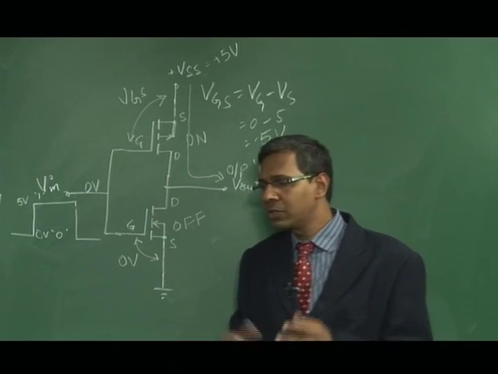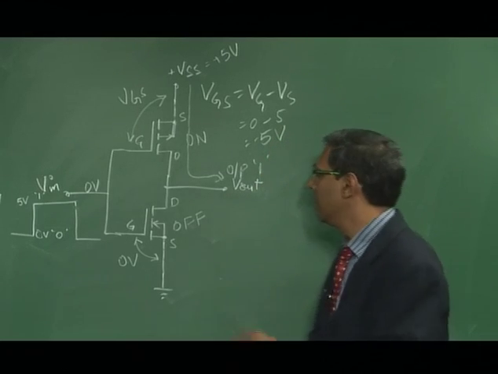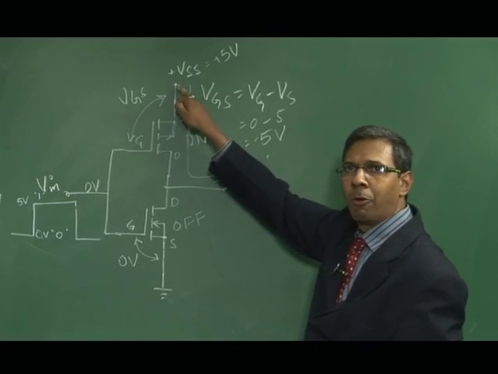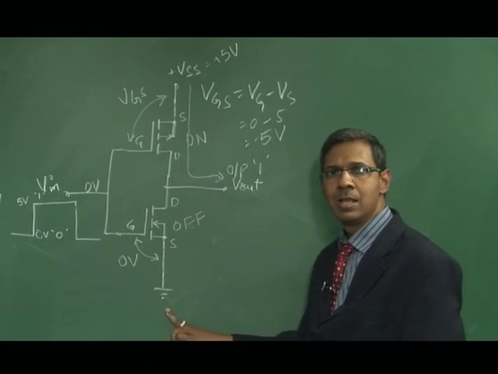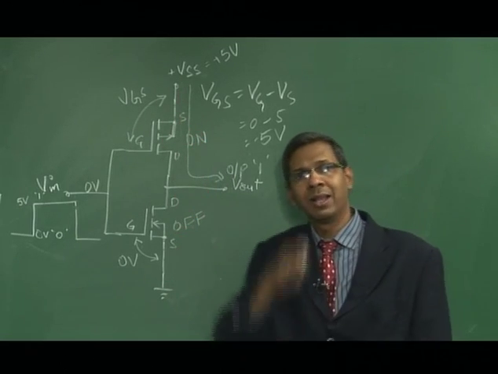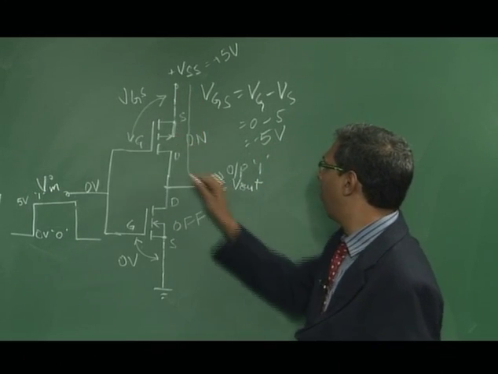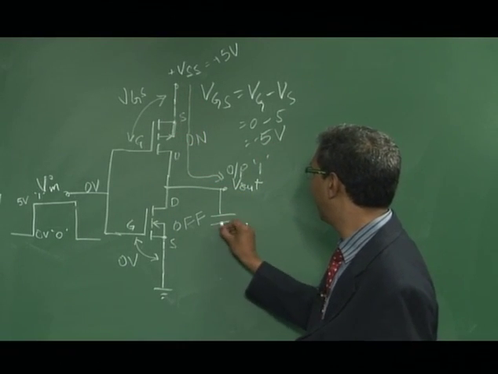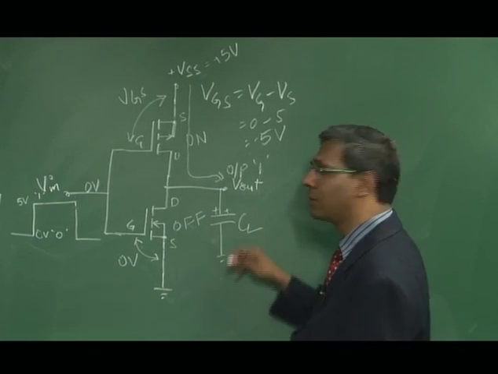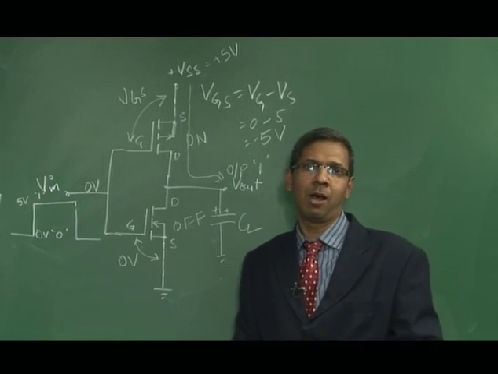But then you may ask, what is so special about this? The most special feature is that while this is happening, there is no connection between the positive of the source and the negative here. That means you do not have any current flowing from here to here, or no crowbar current. Once you have an output capacitance here, for example a load capacitance CL, once the capacitor is charged to the full voltage of 5 volts, no current flows in the output.